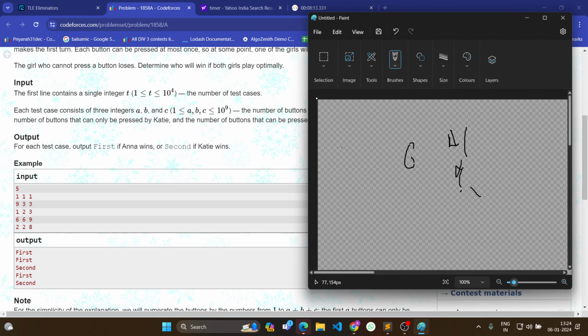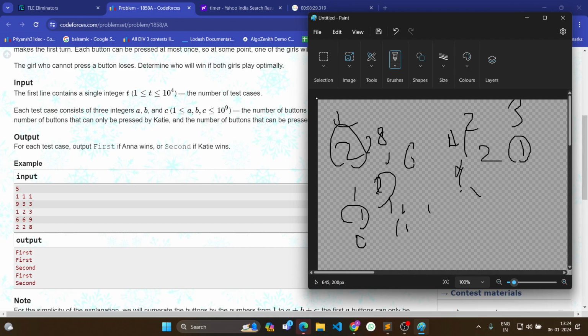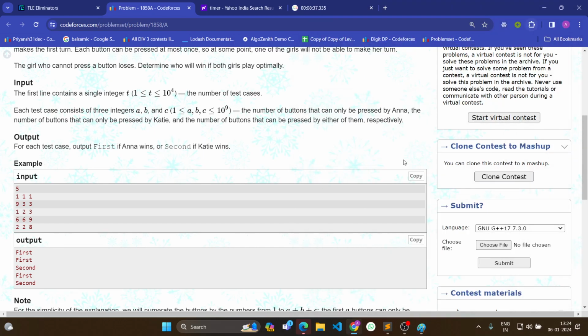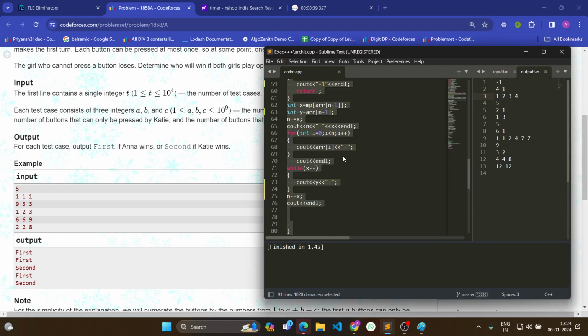So now Anna has to press a button, so it will be 1 and 2, then again she has to press one button, so it is 1 and 1, and then it's 0 and 1, then it's 0. So if it's 2, 3, or if it's 2, 1, then Anna wins. If it's 2, 2, then Katie wins. Okay, I think I got the problem.